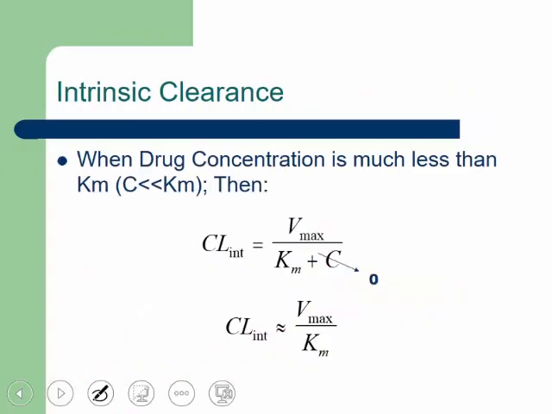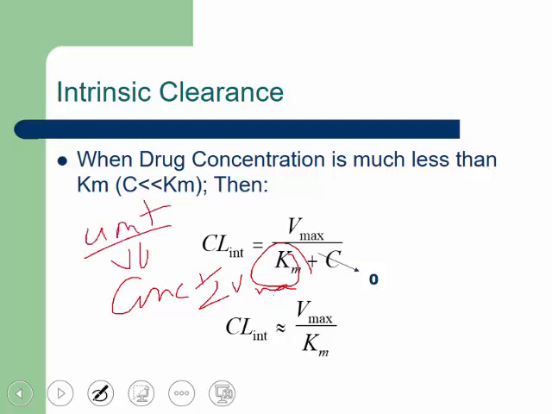Remember, the Km is a concentration as well. These are both concentration terms, aren't they? This is going to be in amount per volume, usually like milligrams per liter or micrograms per milliliter.